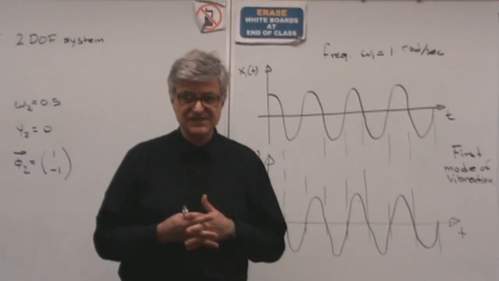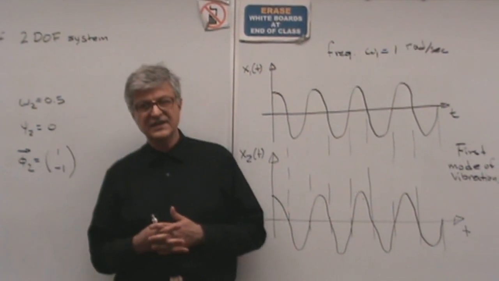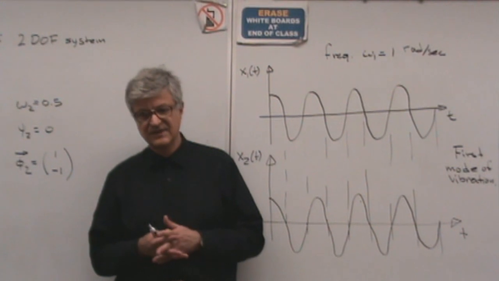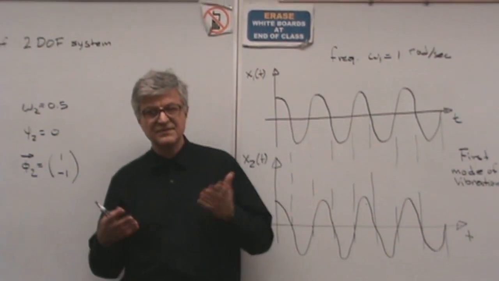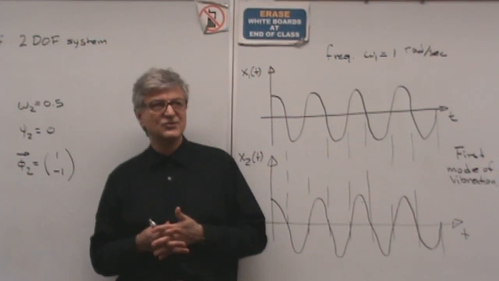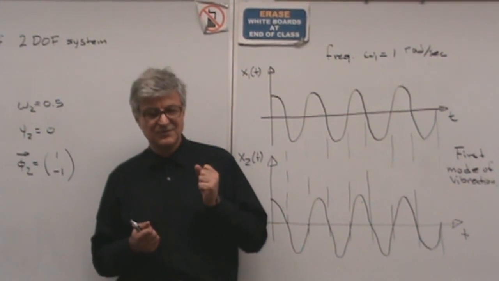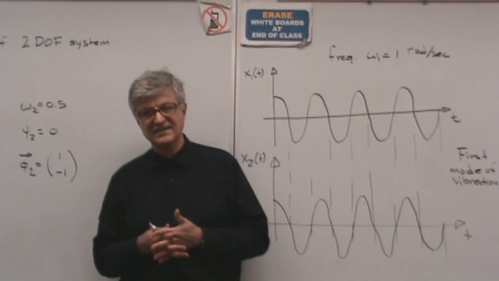Although a very complex system, say a system that has 1,000,000 degrees of freedom, is an extremely complicated system. A building or a car may have 1,000,000 degrees of freedom. That means there are 1,000,000 mode shapes. However, only the first few, say the first 10, may be excited.